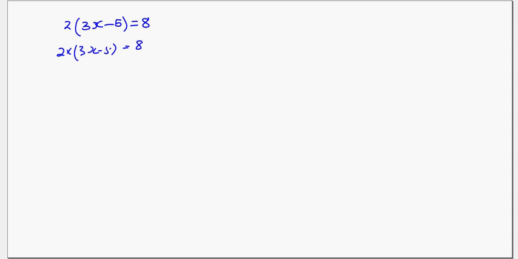I would reverse the multiply by 2 first. So I would divide by 2 here, and divide by 2 on the other side. This 2 would go into 2, 1, and this would go into 2, 1. So I'd end up with 3x minus 5 is equal to 4.